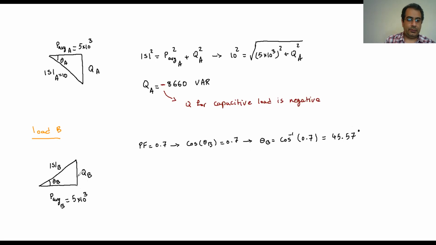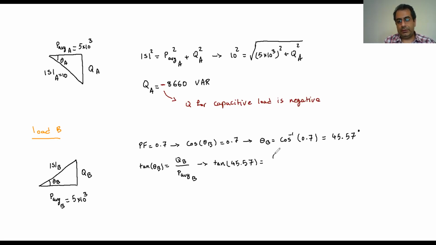So if I want to calculate the QB, the tangent of the theta B is equal to QB divided by P average at the B. So I can go ahead and say that I have the tangent of 45.57 is equal to QB, which we want to find.